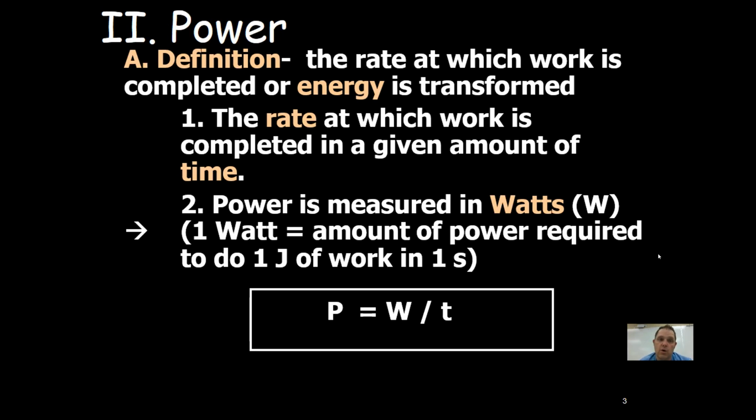Those work and power are related, and you can find power by finding work. The equation itself, P equals W over T, is not too complicated, but we can make it into several different steps. And a reminder, power is in watts, work is in joules, and time is in seconds.